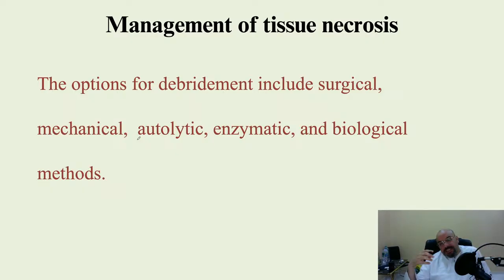While studies were developing mechanical debridement, they said, what if we used a different material with this mechanical procedure, so this material can support the mechanical debridement? So they said, what if we used an enzymatic component?